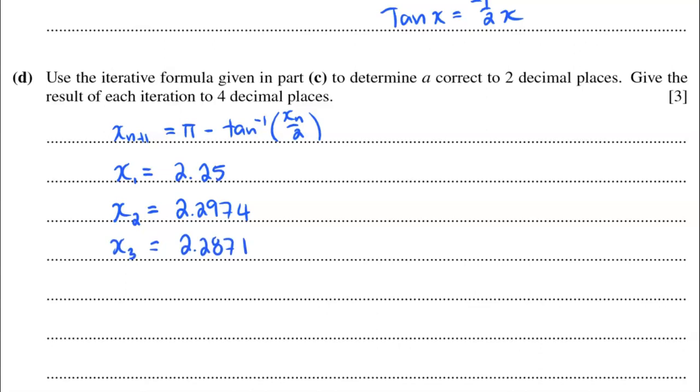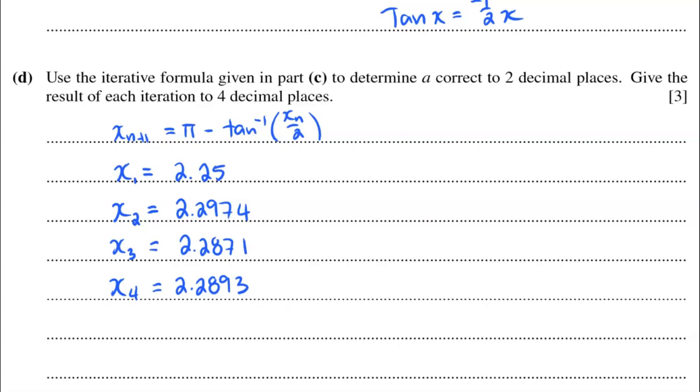They don't go to the same value when you round to 2 decimal places, so we keep going, and we get the next iteration, 2.2893.